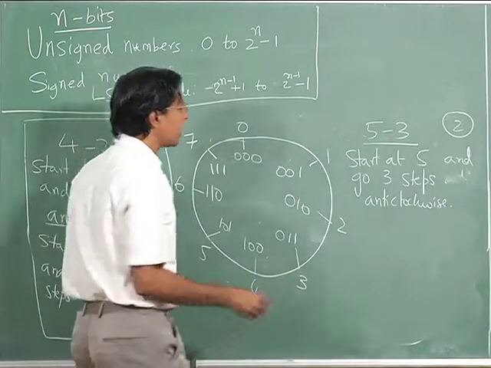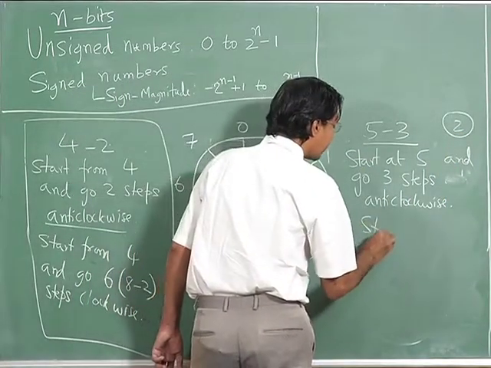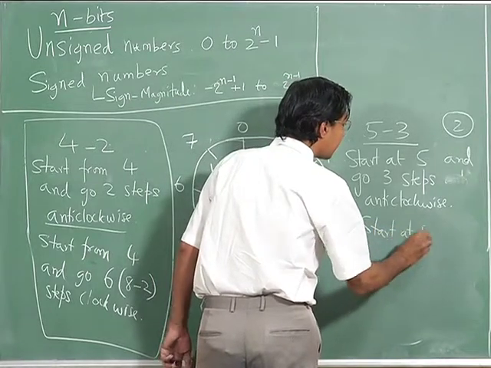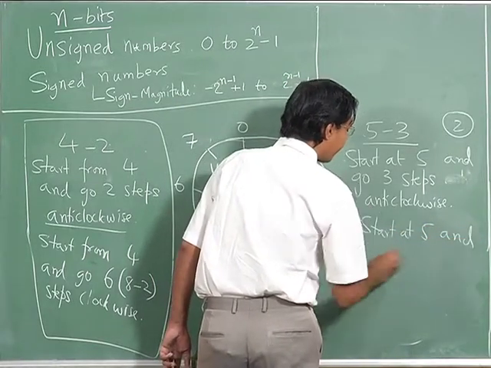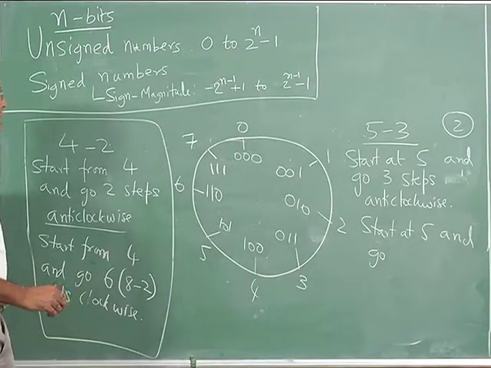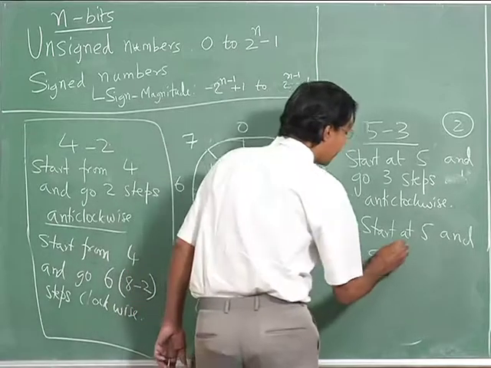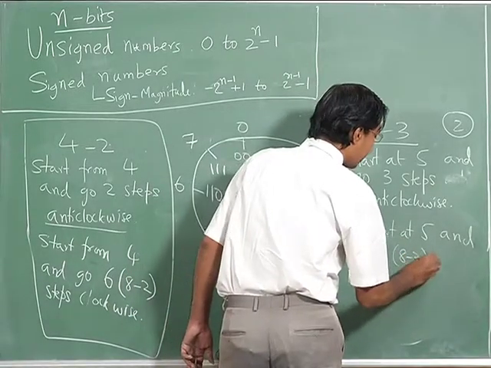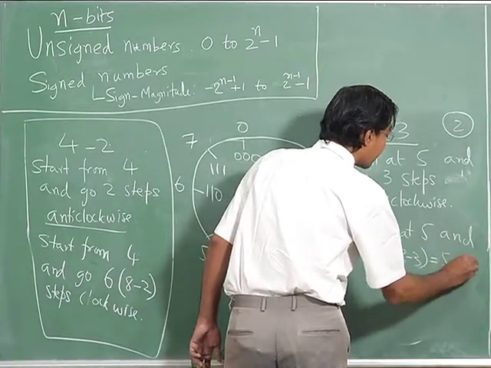The other way of saying is start at 5 and go 8 minus 3 steps, equal to 5 steps clockwise.